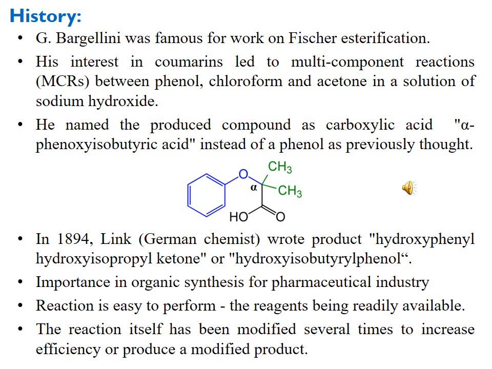We know that the alpha carbon is the carbon directly attached to a functional group, and the carbon of the functional group itself is not called the alpha carbon. So here you can see the phenoxy group, benzene and then oxygen, is attached to this alpha carbon, so it is termed alpha phenoxy.